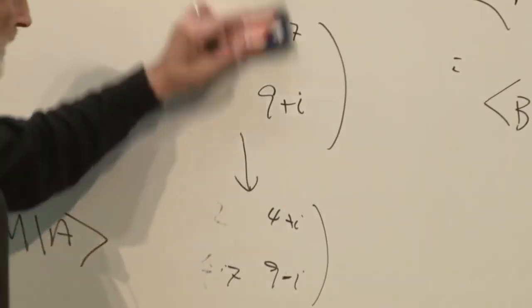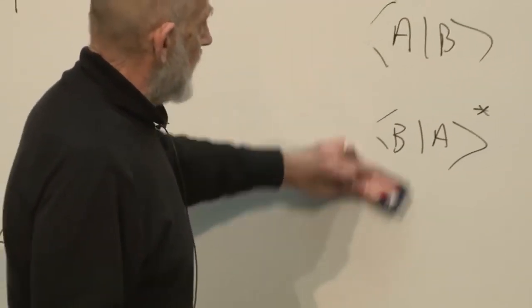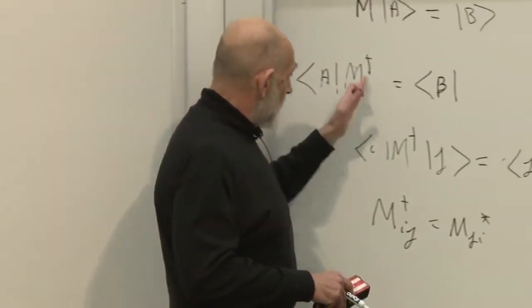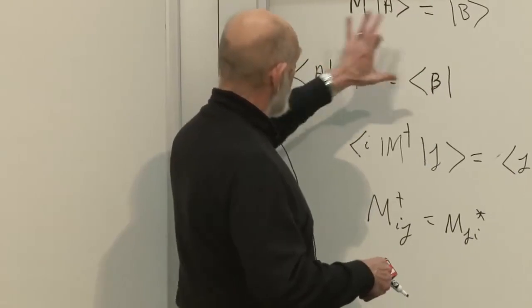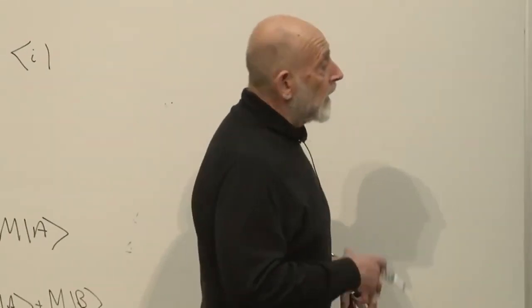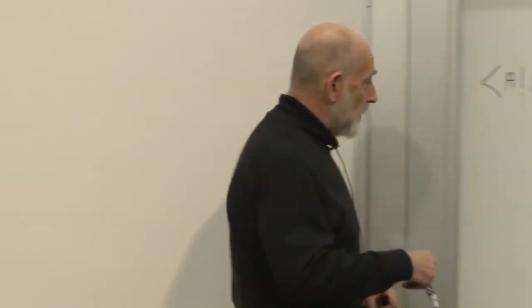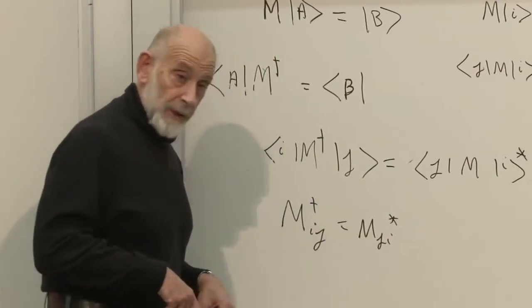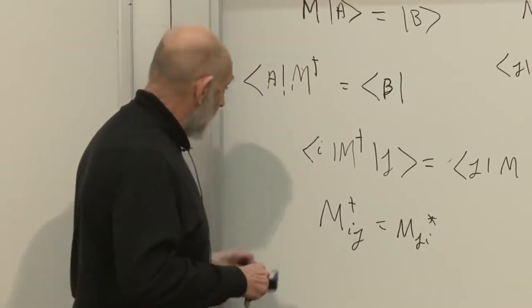So it's easy, it's concrete, and it also has an abstract side. The Hermitian conjugate just allows you to turn an equation from a bra vector to a ket vector. And in terms of concrete matrix elements, you flip I and j, and you complex conjugate, and that defines M dagger.